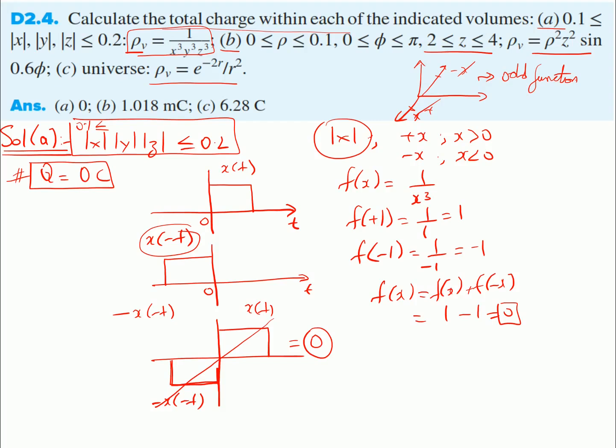However, if I wanted to solve it, the same question is here, but now I don't have absolute values of volume charge distribution. So let us say now I have the volume charge distribution to be 1 by x cube, y cube and z cube, and the range is 0.1 less than x, y and z, which is less than 0.2.